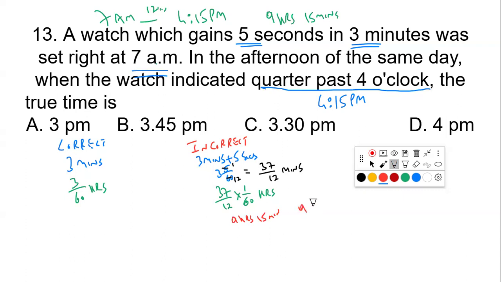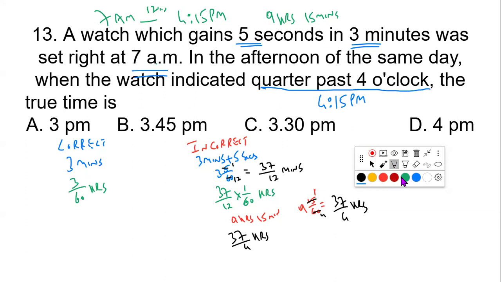So if I have to convert this, 9 and 15 by 60, 15 minutes into hours, 15 will go one time here, 15 will go 4 times, 36, 37 by 4 hours. The incorrect time had run for 37 by 4 hours.